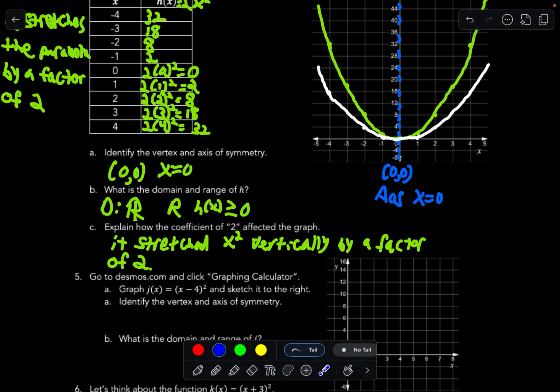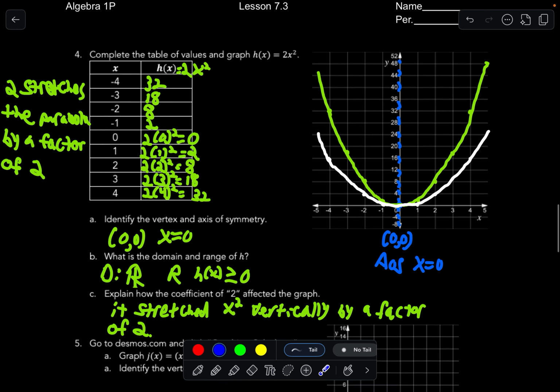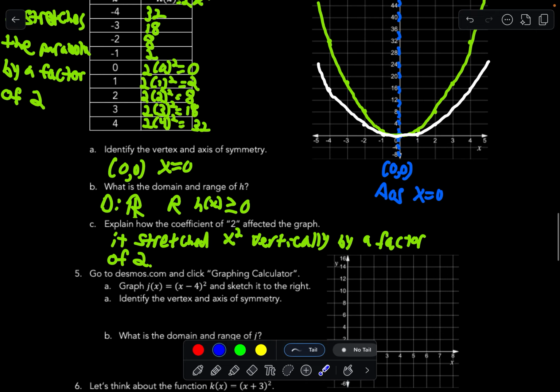And the yellow is we go over 1, 1 squared is 1, multiplied by 2, we go up 2. We go over 2, 2 squared is 4, multiplied by 2, we go up 8. So you can use the counting concept, over 1, up 1, over 2, up 4, over 3, up 9, from the vertex. Once we go over, square it, and then multiply by the number in front of the x squared. In this case, it was a 2, so we doubled it.